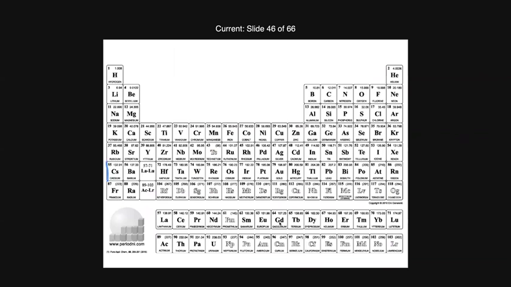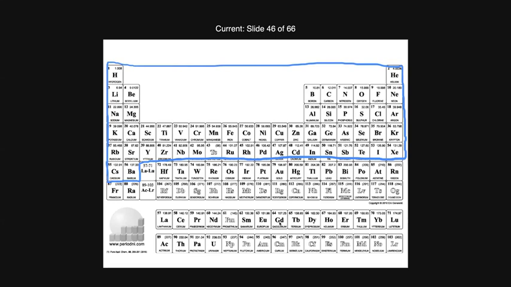So all the way up to element 56, and we're going to stop right there. These would be the elements that can be on the exam. It's going to be electron configuration up to element 56, which is barium.